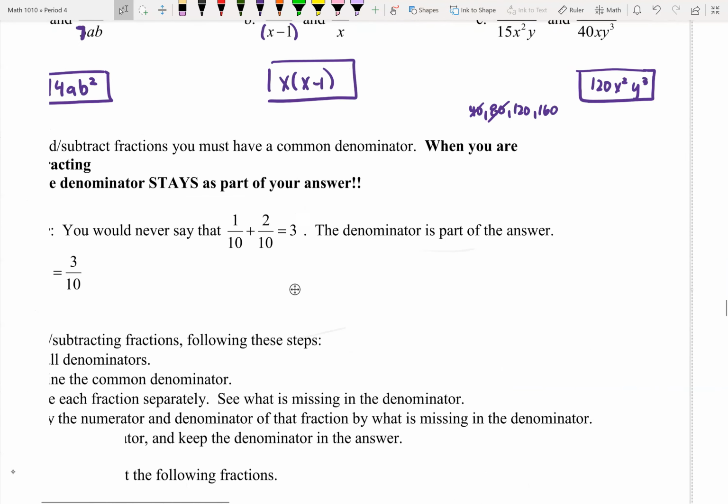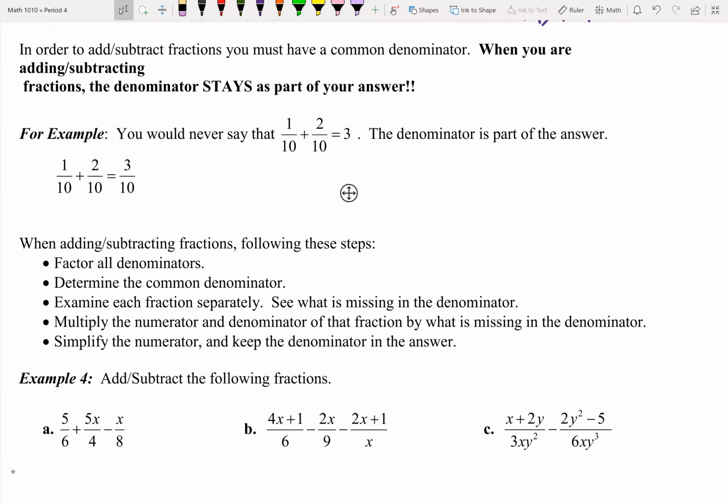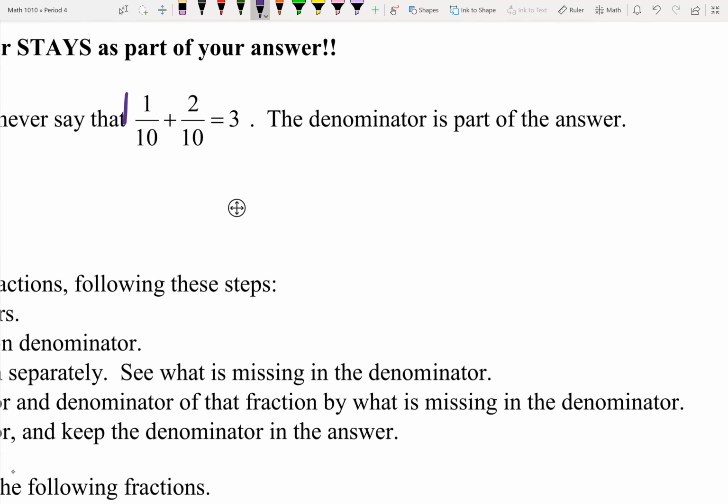Okay, let's keep going. Now we're going to actually start adding and or subtracting these together. What some people do is this. Look right here. You have a pizza cut into 10 slices. You take one piece and eat it. Then you're still hungry and take 2 more pieces.